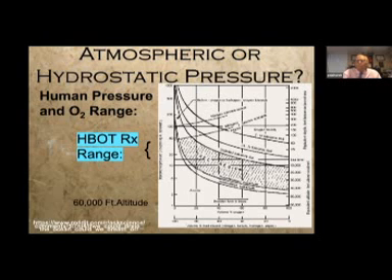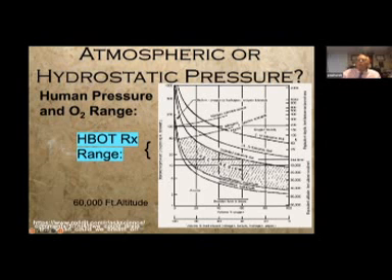So at 0 atmospheres pressure, there at the bottom on the left-hand side, we are way up in the 60,000 feet and above altitude. And of course, here is sea level, roughly at 14.7 pounds per square inch. Unfortunately, the video is over my graph, but sea level is right here.